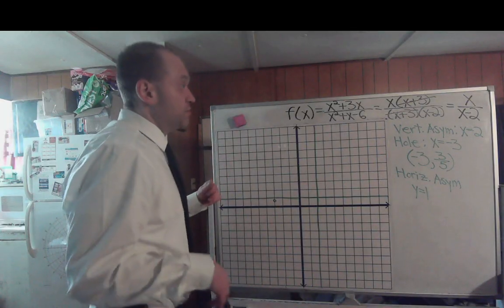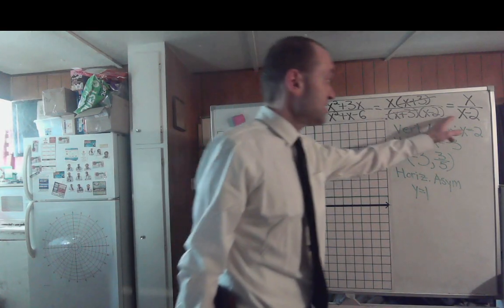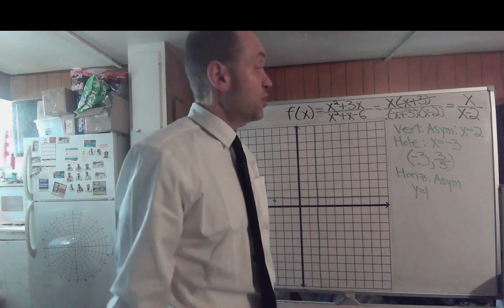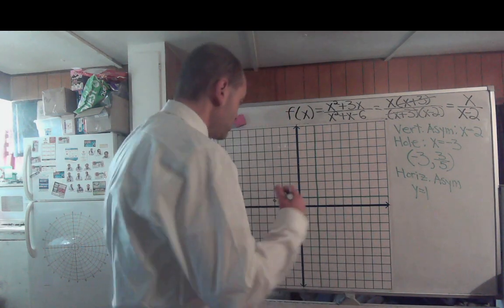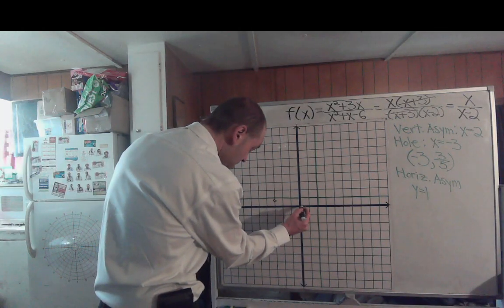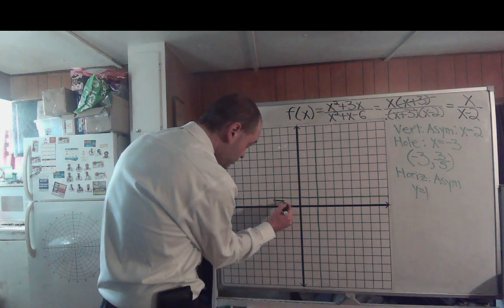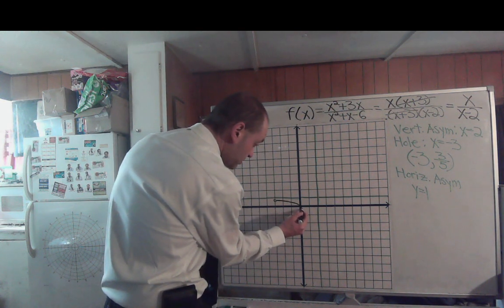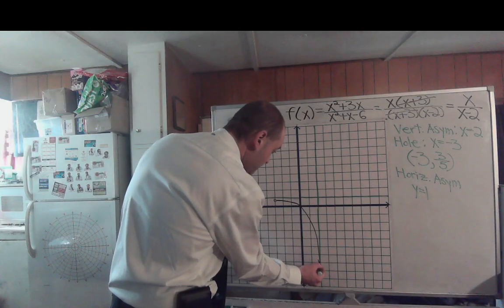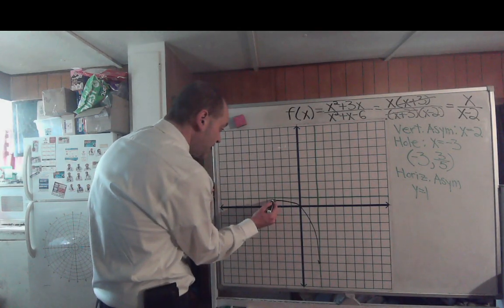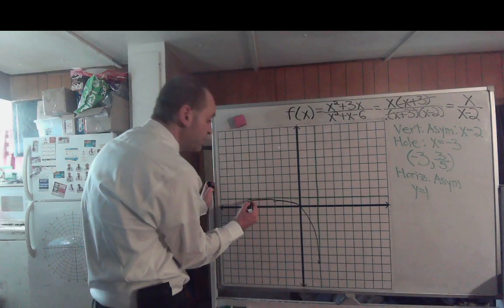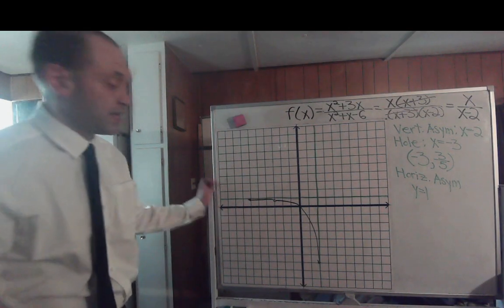Oh yeah, so both your intercepts, you set this equal to 0, you would get both x and y intercepts at the point 0, 0. So here's roughly what your graph is going to look like. It looks almost like a normal rational function, except you have a hole at that -3, 3/5.